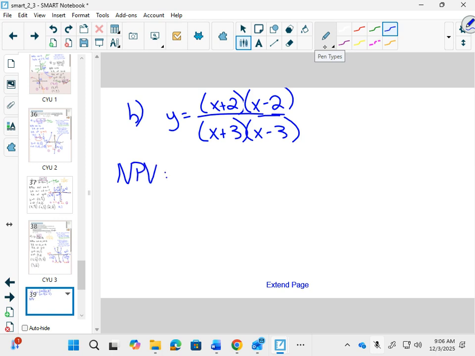Can't divide by 0, so your non-permissible values: x can't equal -3, and x can't equal 3. Does anything simplify? No. So if a non-permissible value does not simplify away, it will always be a vertical asymptote.